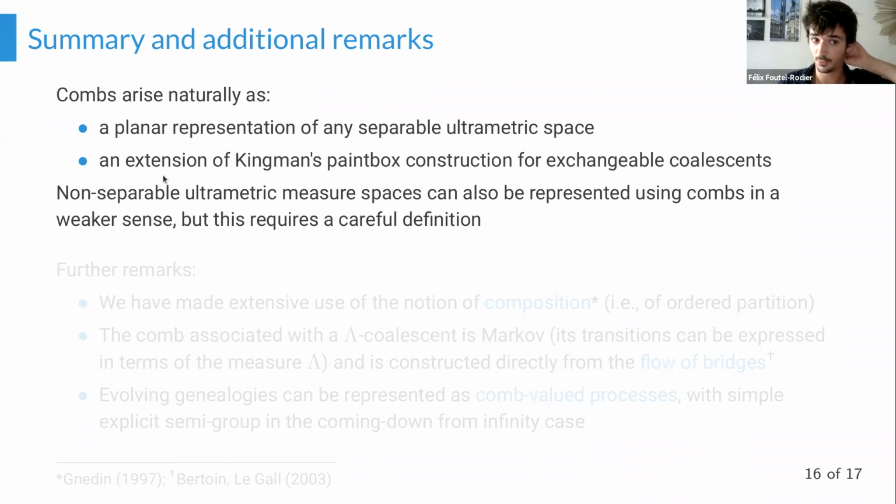And as I was telling you, we try to do some things in the non-separable case, but if you do that, you actually face some very deep issues from measure theory. And we proposed a way out of that. And in that case, we're able to provide a representation of non-separable ultrametric spaces as combs.